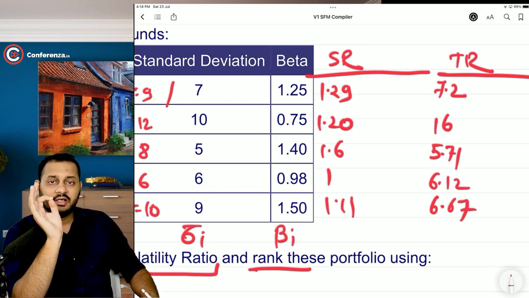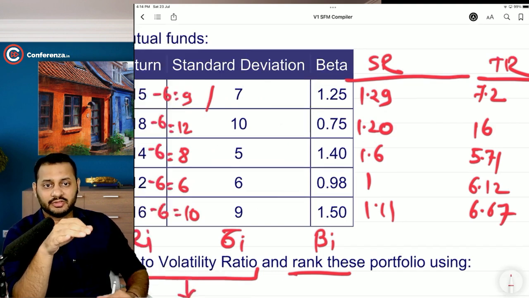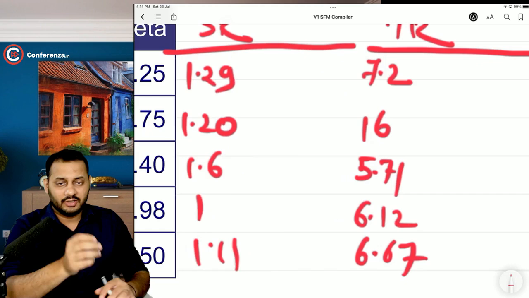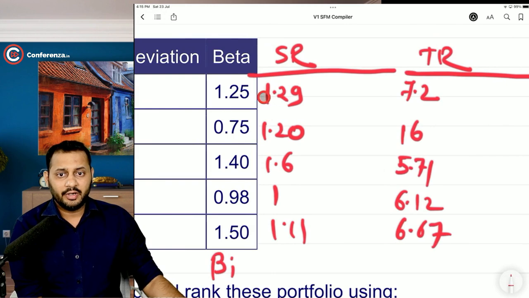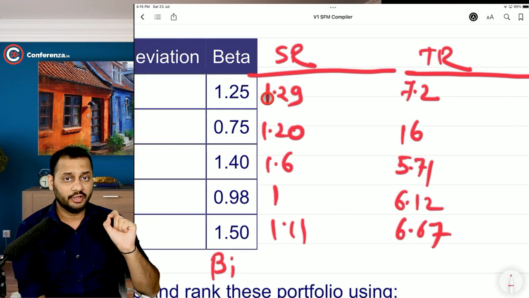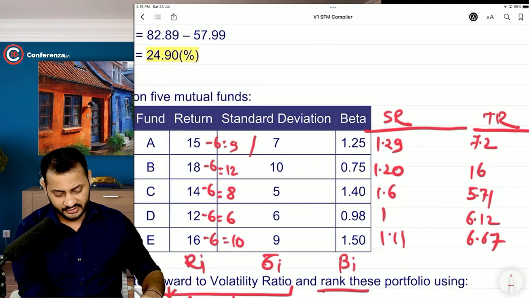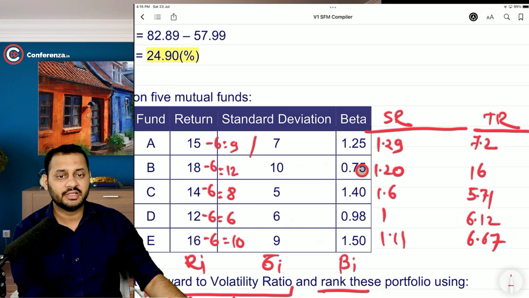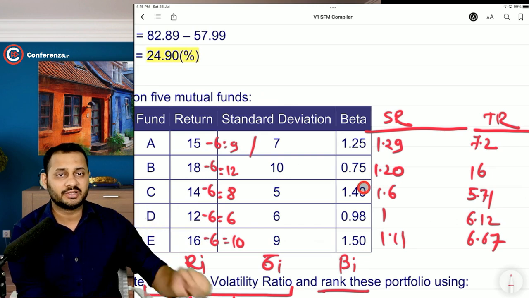First of all, please understand the meaning of it. That is very important, because I don't think the formula is very difficult to learn, but what exactly you have calculated and what is the meaning of that. So let's interpret. 1.29% extra return, or the premium, or we can say reward, we are receiving for 1% standard deviation if we invest in security A or mutual fund A. 1.20% extra return for 1% risk. 1.6% premium for 1% standard deviation.